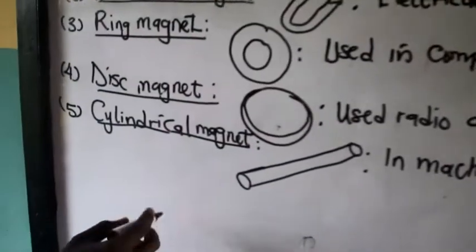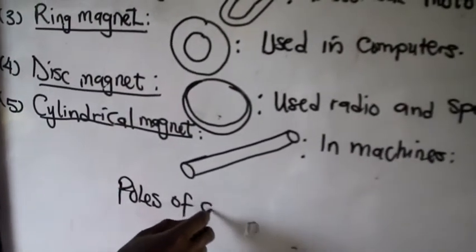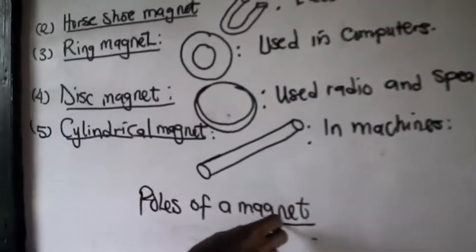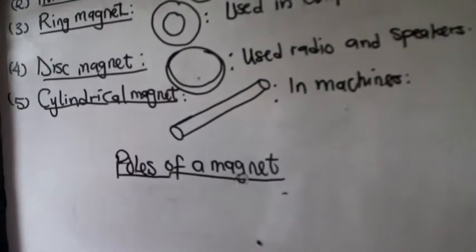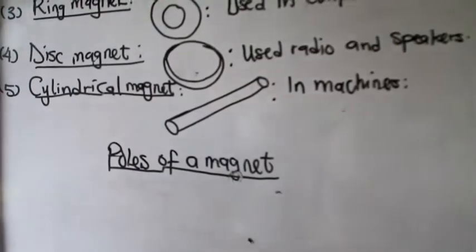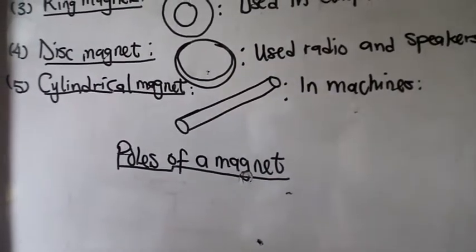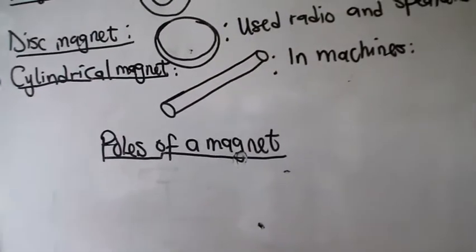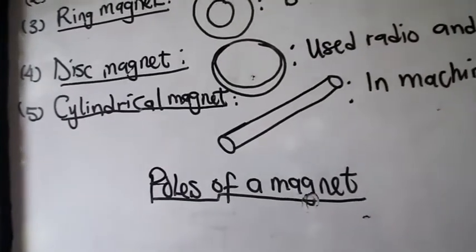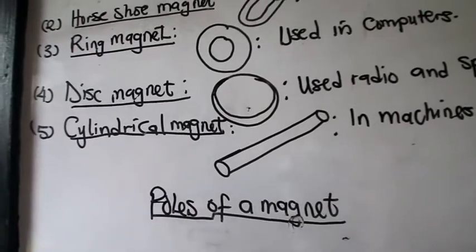Take note. We want to go into poles of a magnet. From my illustration of the history of magnet, I told you that the man who discovered magnet noticed that the magnet swung freely and always pointed in the north and south direction.